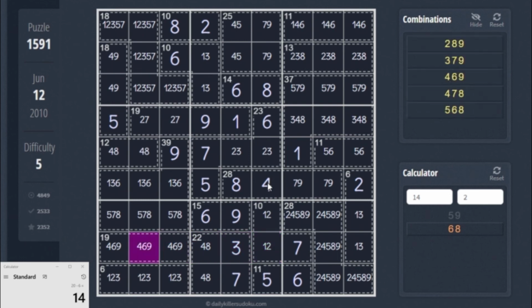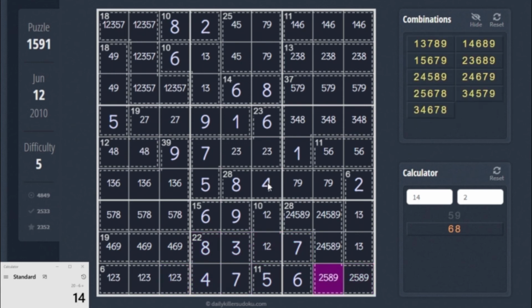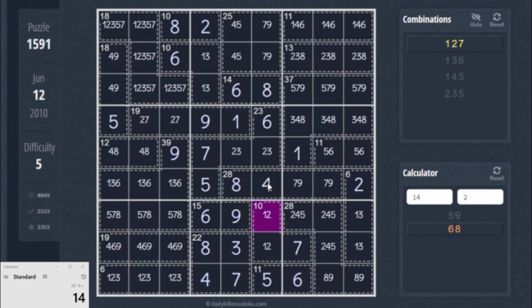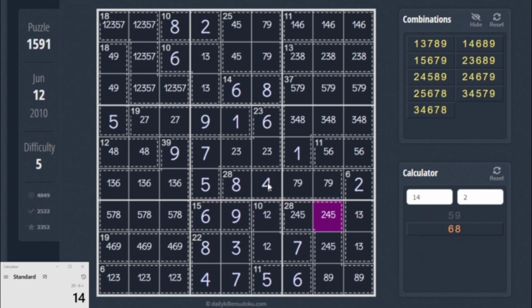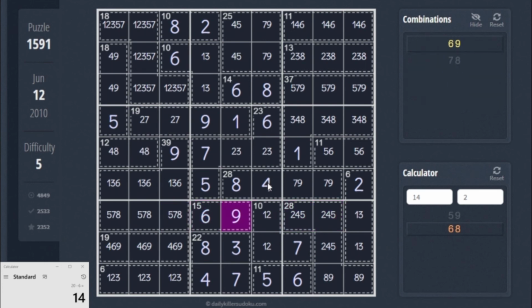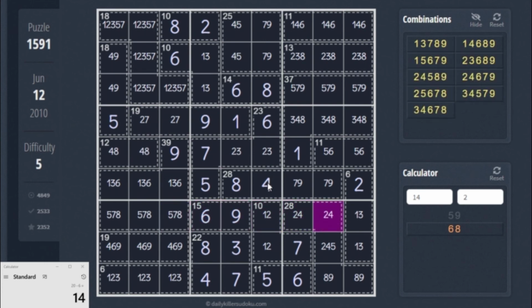What else? 4 already used, so we can get rid of that. 8, 4 already used. What else? 5 already used. 2 already used. So we got 8 and 9 pair, so we can remove 8 and 9 from the other candidates. 2, 4, 5. 5 is already used, so we remove 5.